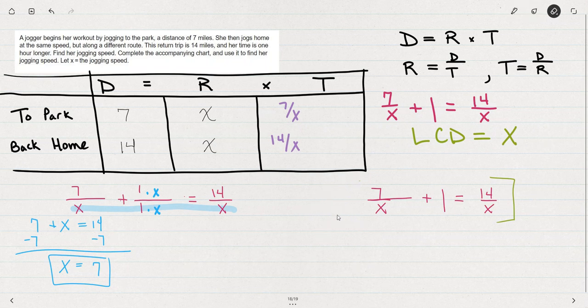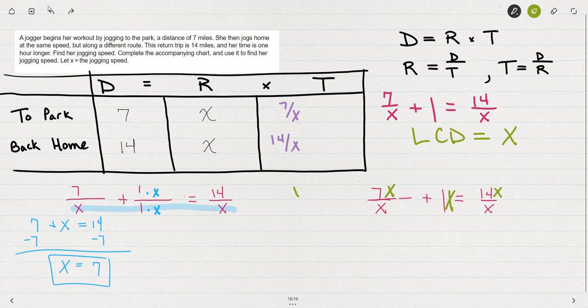You can see how I've left some space here for the 7 over x. The way I'm going to show that is with another colored pen. So I'm using this green. I'm writing in that x to each of the pieces. It goes to the numerator, by the way, because it's an x over 1 that we're multiplying. So we multiply 7 times x in the denominator times 1. 1 times x is just x, and then 14 times x over x times 1.